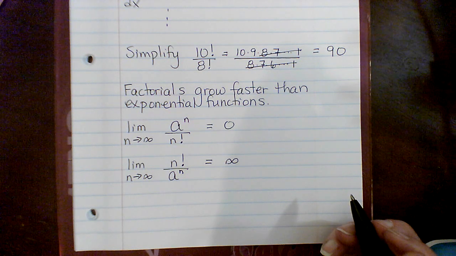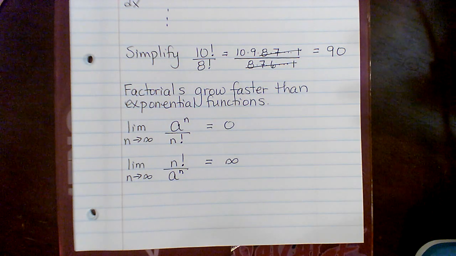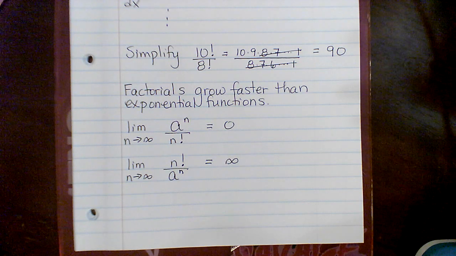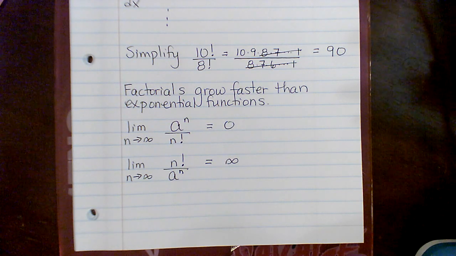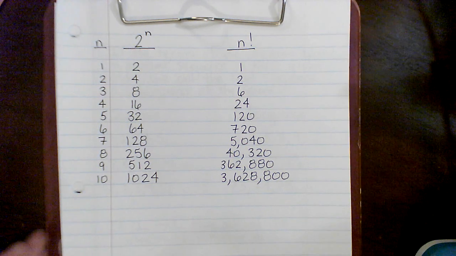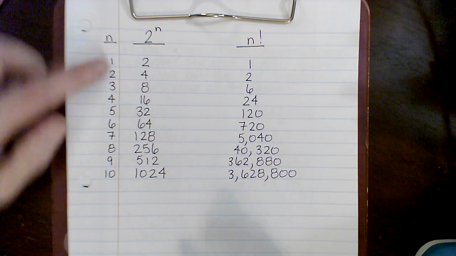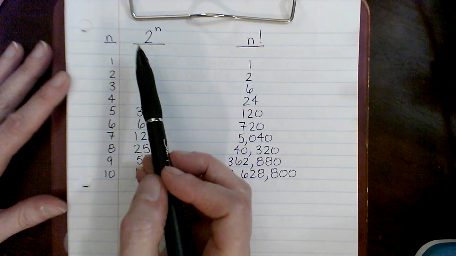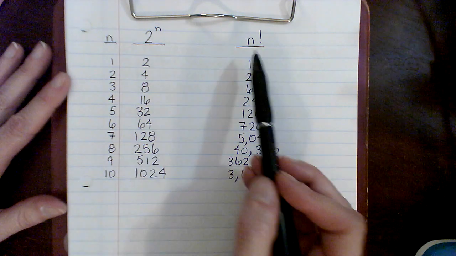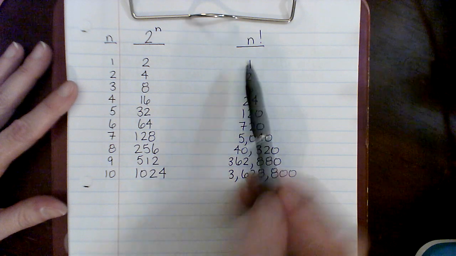Okay, so I just want to show you also on the next page just how quickly those factorials are outpacing those exponential functions. So I'll be right back. Okay, so I just listed out the first 10 terms for the sequence of 2 to the n and the sequence of n factorial. So this is 2 to the first and 1 factorial, 2 to the second, 2 factorial.